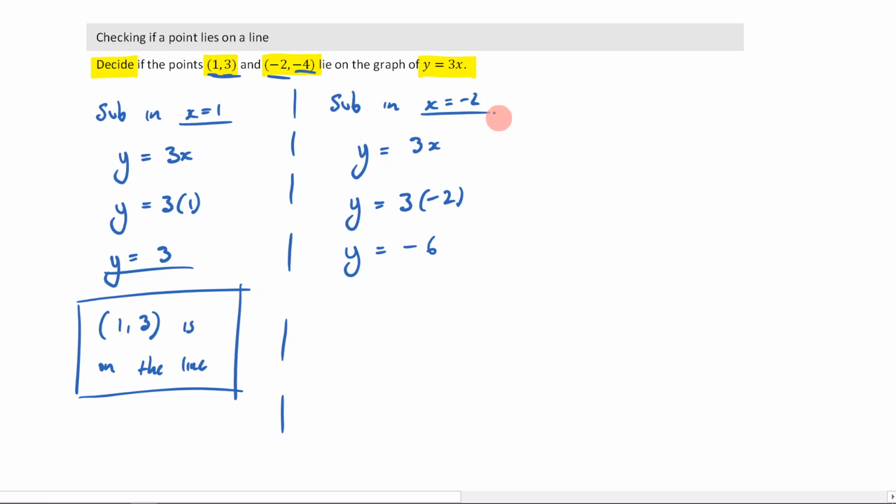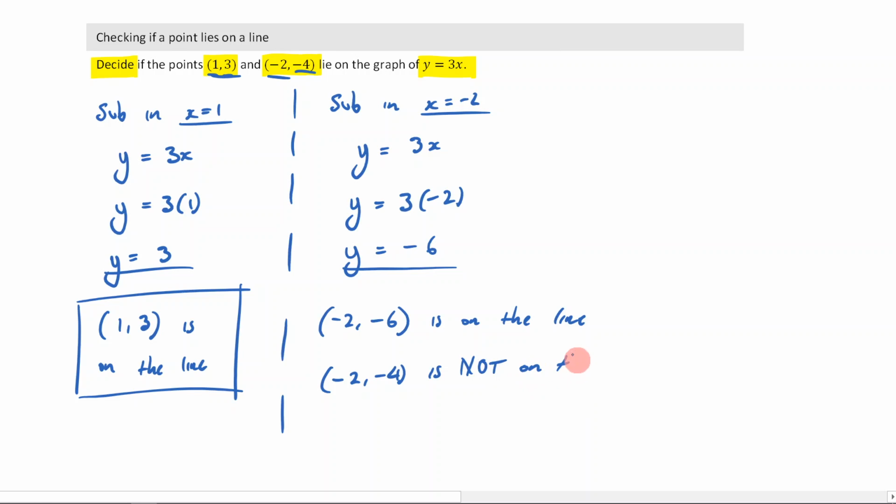So when x is negative 2, y is negative 6. So negative 2, negative 6 is on the line. Negative 2, negative 4 is not on the line. And that would be our answer.